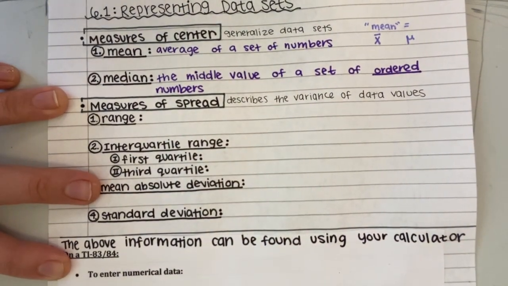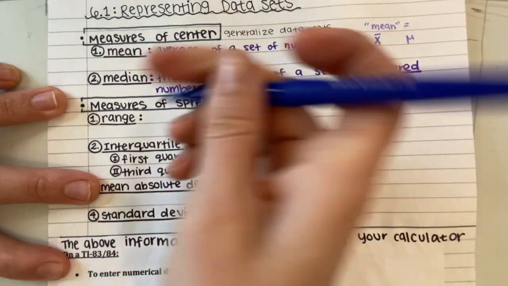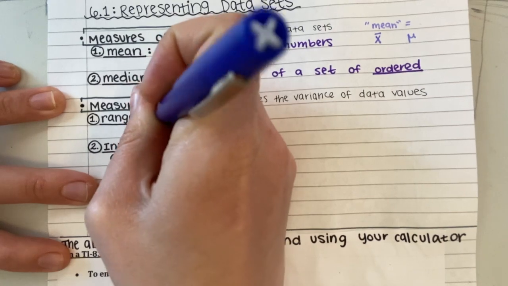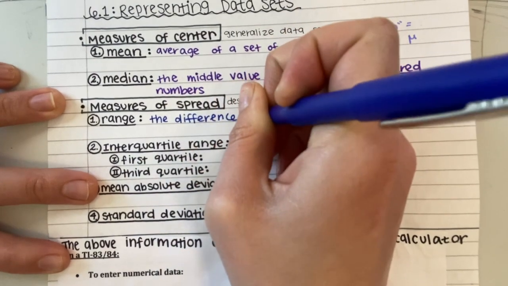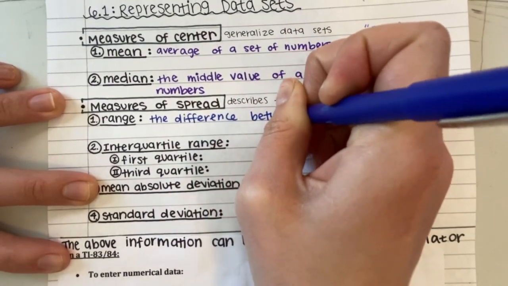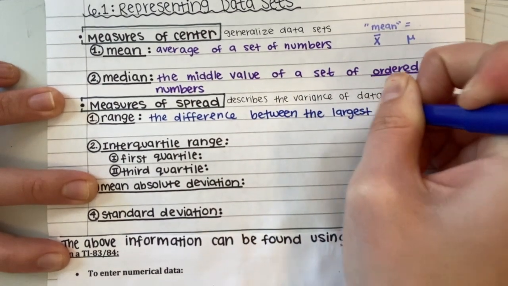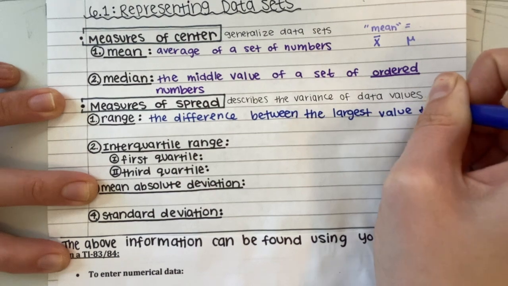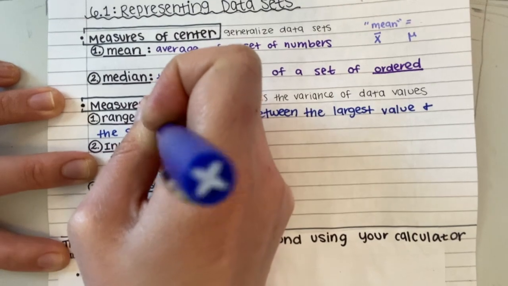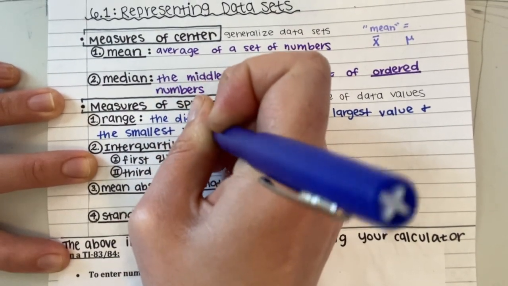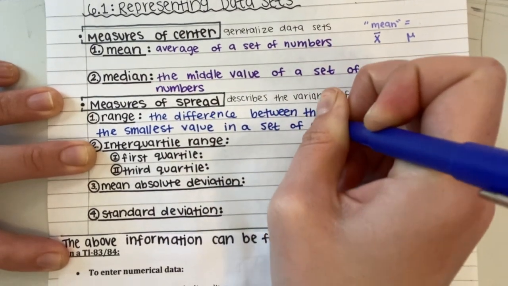We know that the range is the difference between the largest value and the smallest value in a set of data.